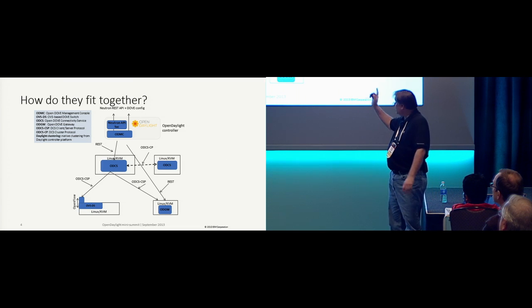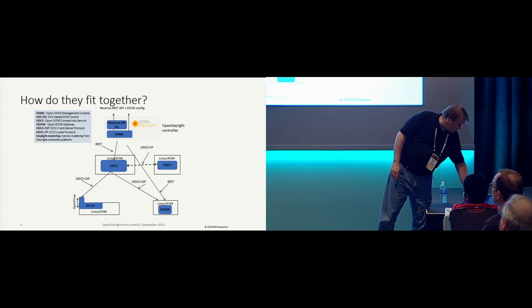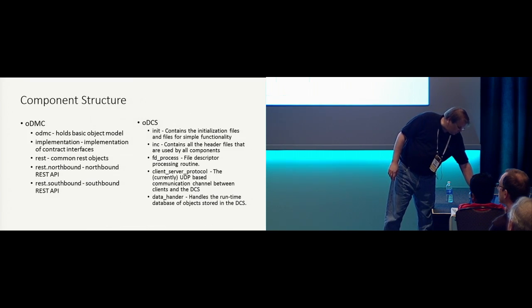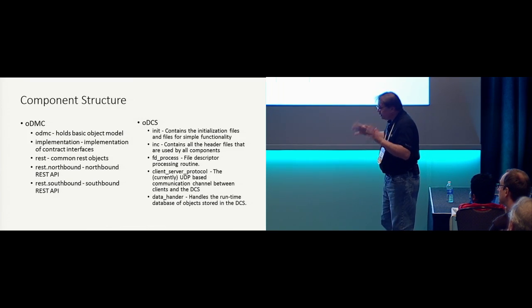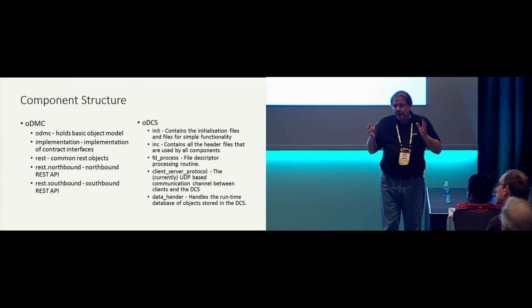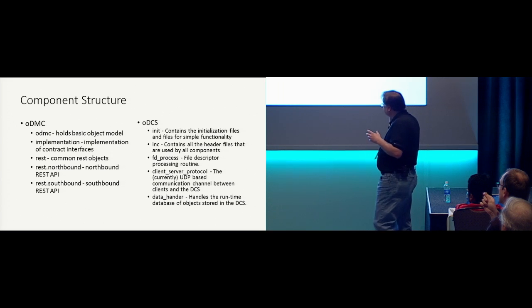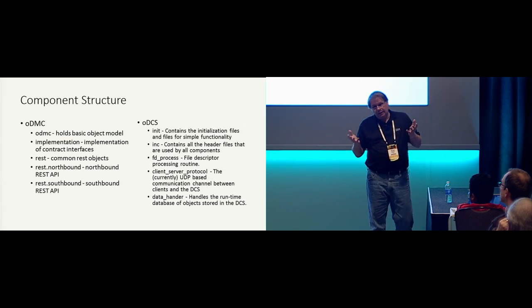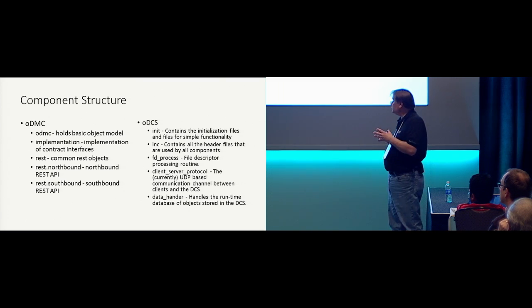All right, so let's talk a little bit about each of these components. OK, a little bit about the component structure. If you go get the code from OpenDOVE.git, what you will find is the ODMC consists of 5 bundles. Maybe it could have been smaller.